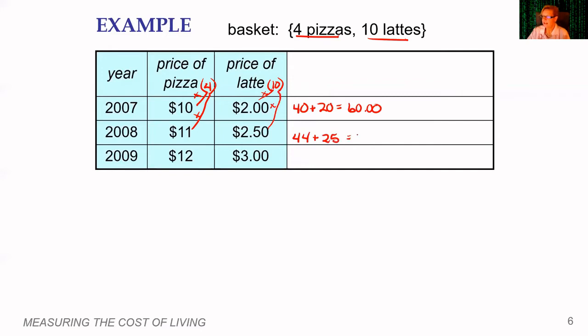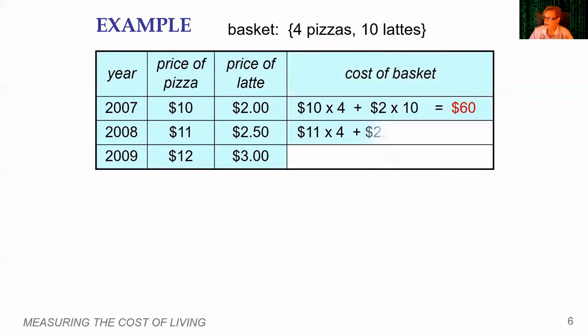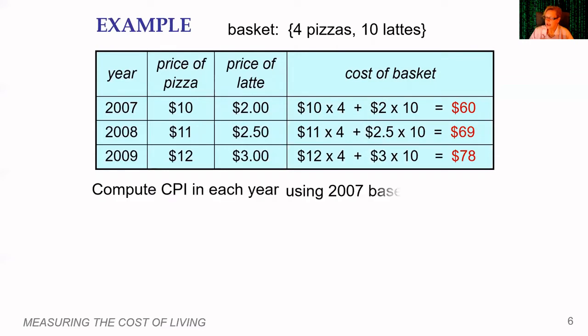And I have $69. 2009, 12 times 4 is 48. And 3 times 10 is 30. So this is the basket's cost in each year: 60 for 2007, 69 for 2008, and 78 for 2009. So there's our 60, our 69, and 78.